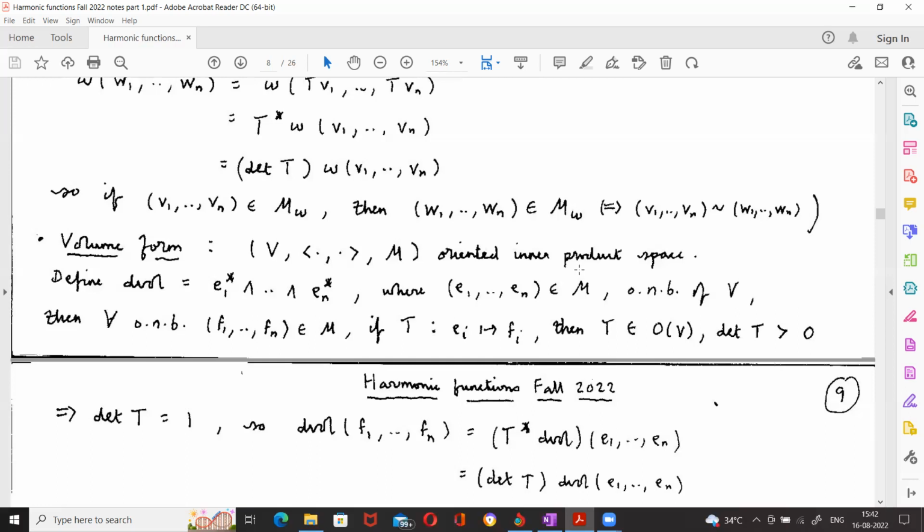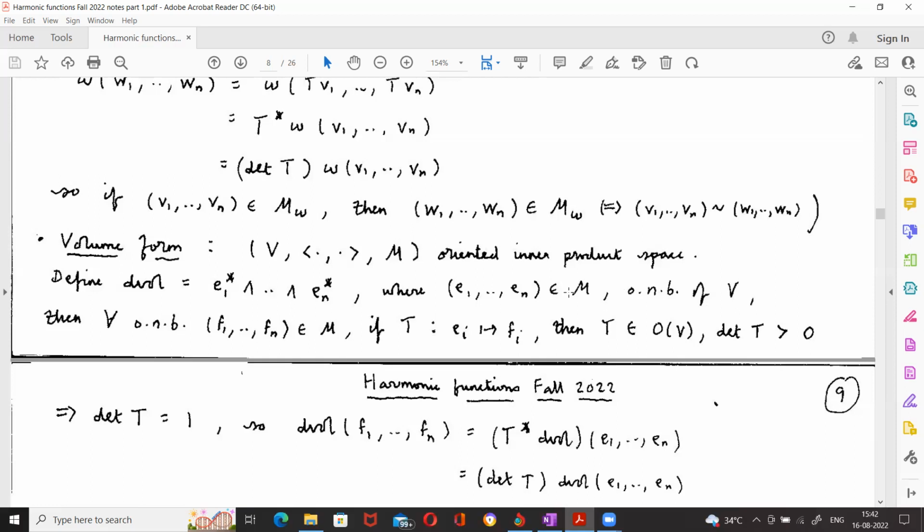So on this oriented inner product space, let's define dvol, the volume form of this oriented inner product space, to be E1 star wedge En star. This is a top degree form where E1 to En is an orthonormal basis of V which belongs to the given orientation. So this is a positively oriented orthonormal basis.